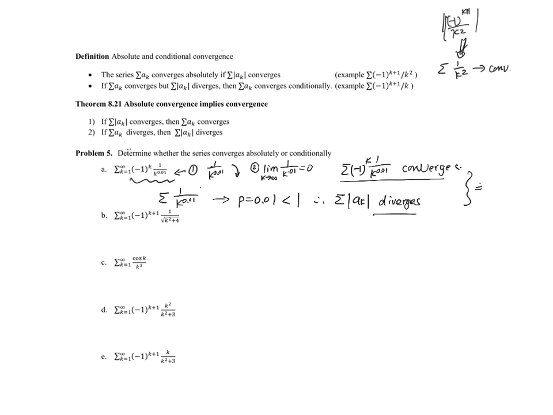So you can conclude that this series converges conditionally. Okay, so that's how it works. You check itself whether it converges or diverges, and then you check its absolute value.